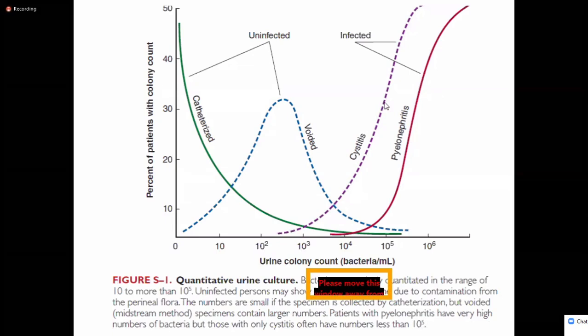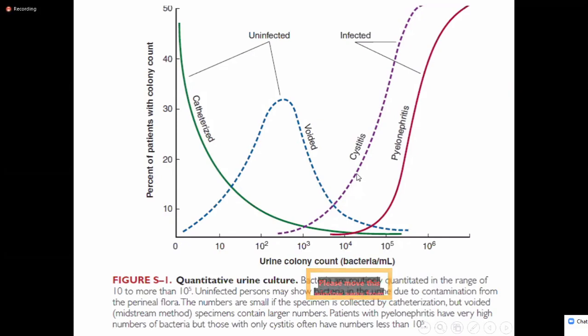If he or she has cystitis, the number is usually less than 10 power 5, less than 100,000. If it is pyelonephritis, the number is more than 10 power 5 microorganisms per ml. The colony counting method is a calculation method that will be explained to you in the lab, inshallah. By this we end this lecture.